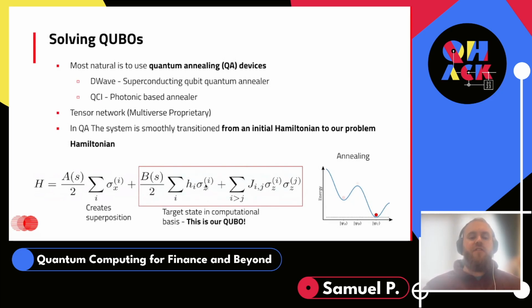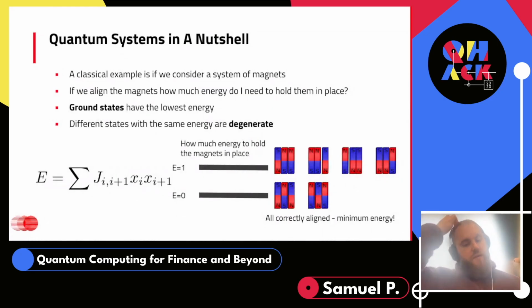The on-site terms are where we apply a value to just a spin on a single qubit, and the coupling is between 2 qubits. A really nice example I like to start off with to get your head around this is to think of a classical spin system with magnets. Say we've got 3 magnets and we want to have them in place; we have to align them in a certain way.